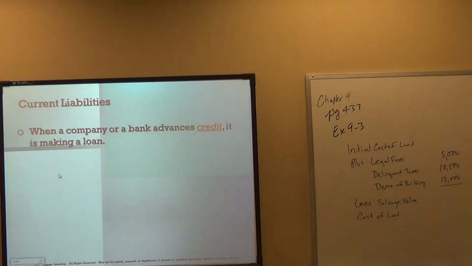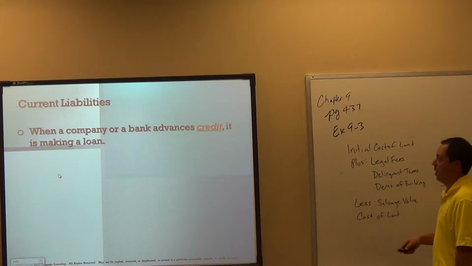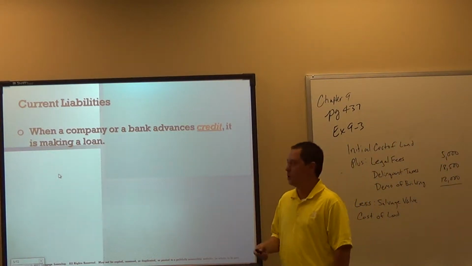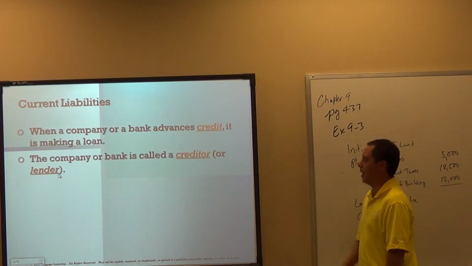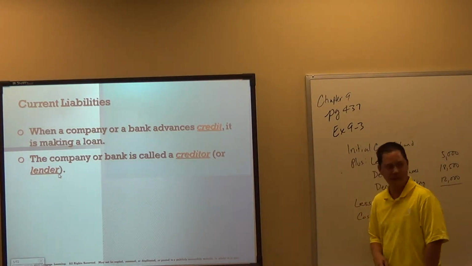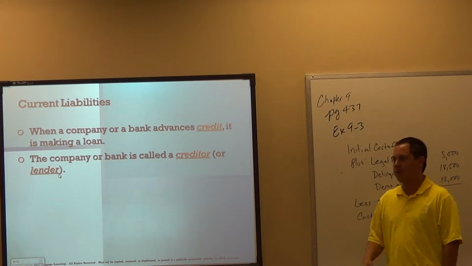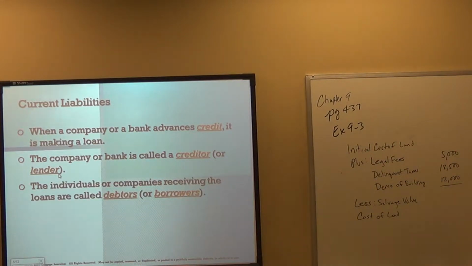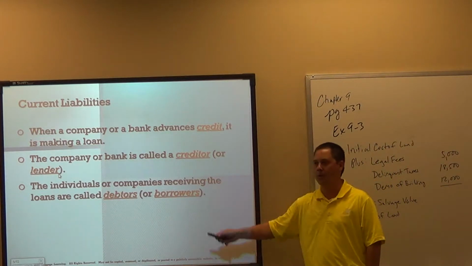So when a company or a bank advances credit, it is making a loan, obviously. So making a loan, the bank or company is called a creditor or lender, which makes sense. We all know that from our personal experiences. And then the individuals and companies receiving the loans are called debtors or borrowers.